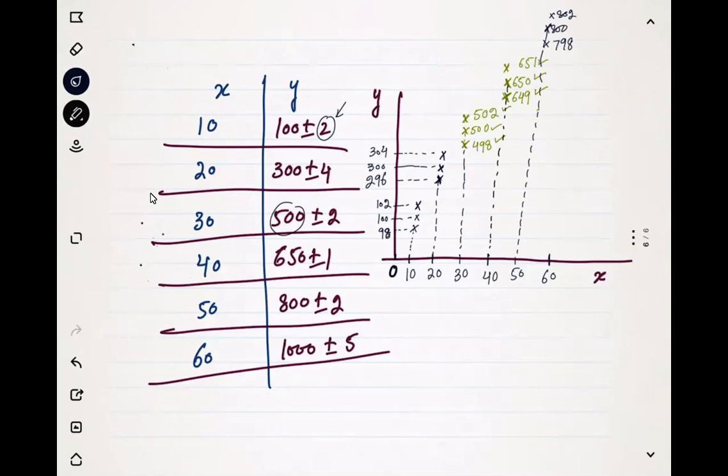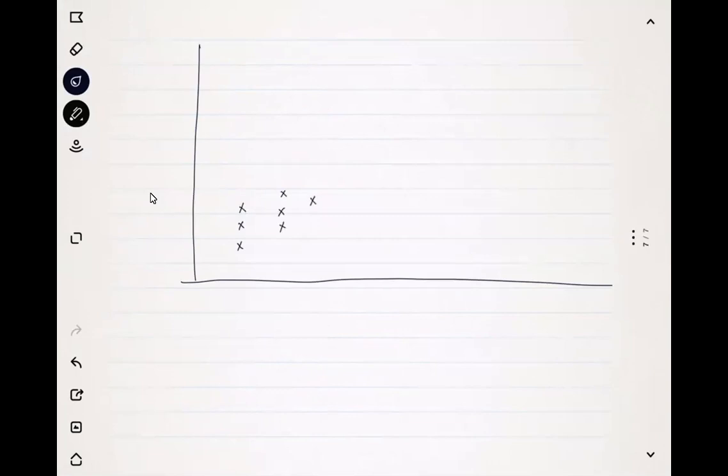In this way, you will plot all the points, and the shape of your points would be like this: 3 points, then next 3 points, then next 3 points, then next 3 points, then next 3 points, 1, 2, 3, 4, 5. There are 6 points in total. So these are the points.